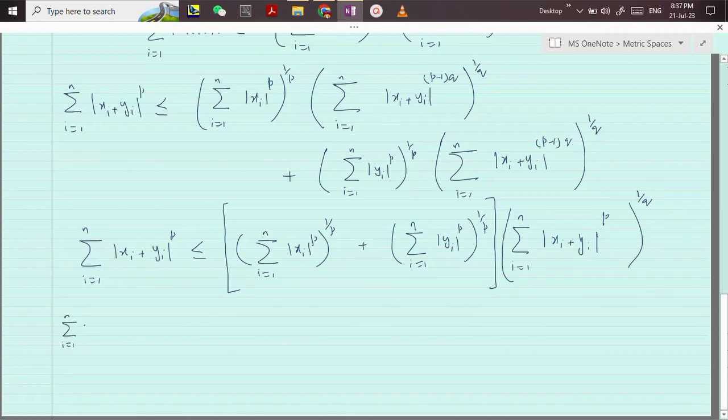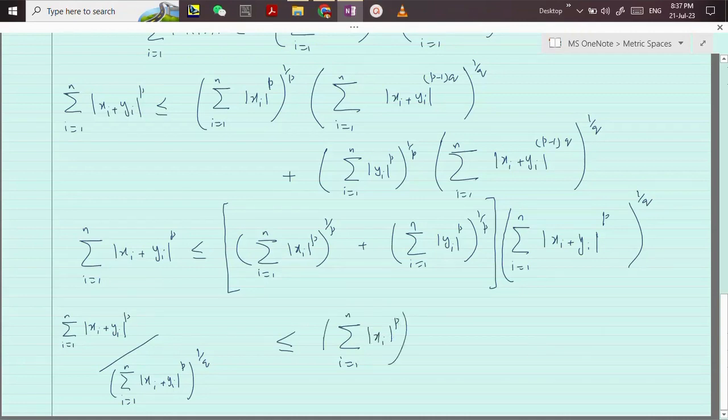Summation i from 1 to n mod of xi plus yi power p divided by summation i from 1 to n mod of xi plus yi power p whole power 1 by q is less than or equal to summation i from 1 to n mod of xi power p whole power 1 by p plus summation i from 1 to n mod of yi power p whole power 1 by p.